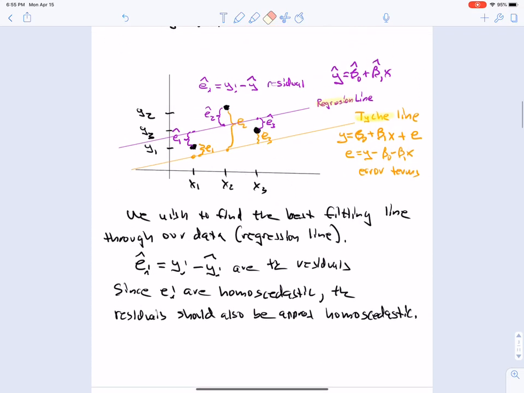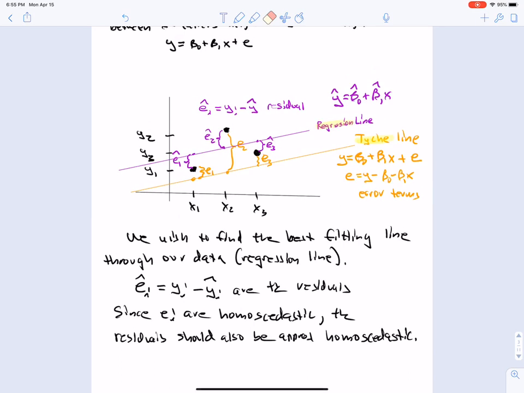But the important thing here is that the Tyche line is only known to Tyche, and all that we see is the data, and hence we can form a regression line, but we'll never know what the true Tyche line is. Our regression line is the best that we can do to predict son's heights from father's heights.